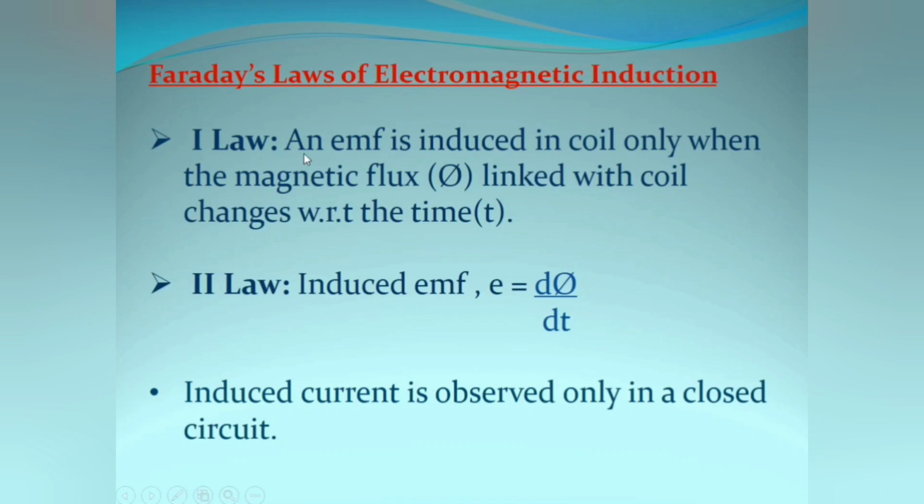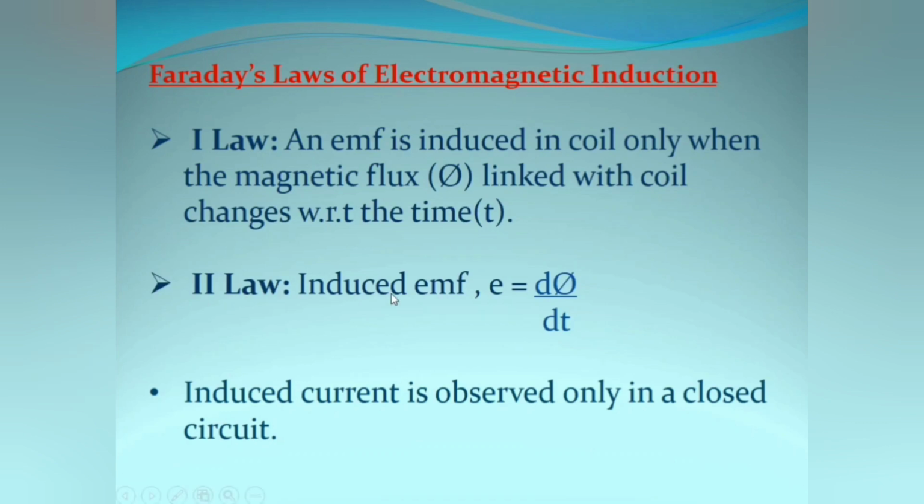So what is the first law? An EMF is induced in a coil only when the magnetic flux linked with the coil changes with respect to time t. That means whenever magnetic flux linked with the coil changes, then induced EMF takes place in the coil. So this is the first law.